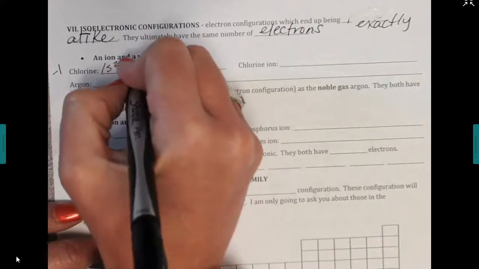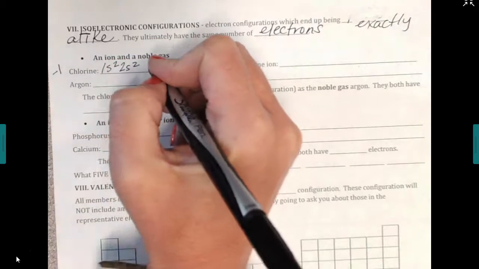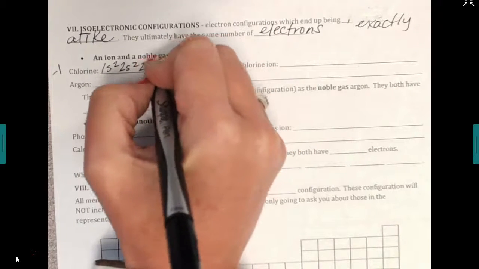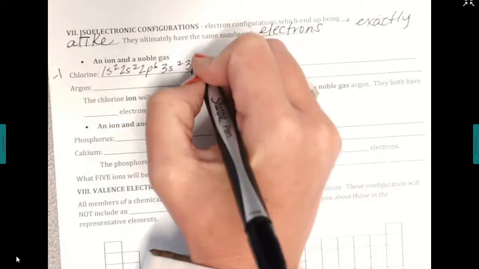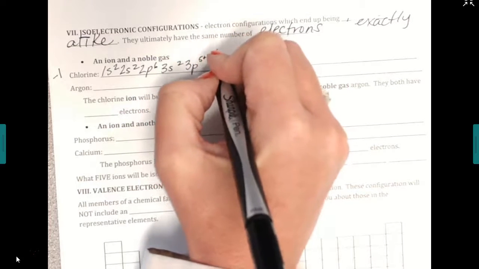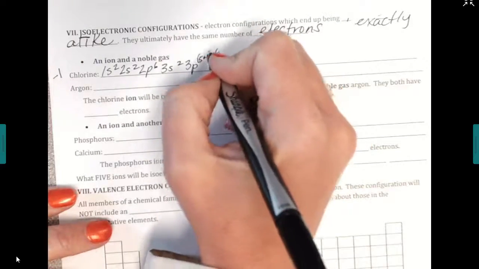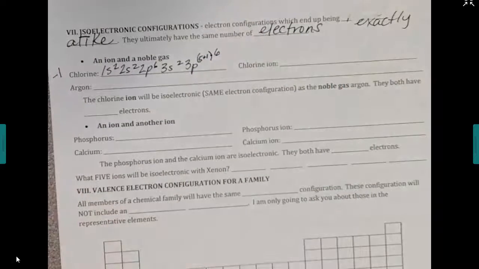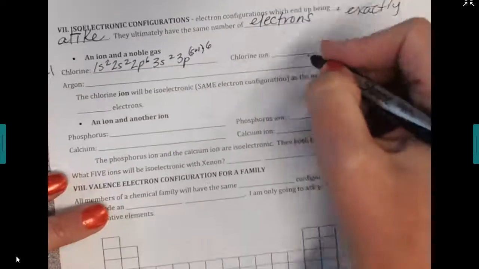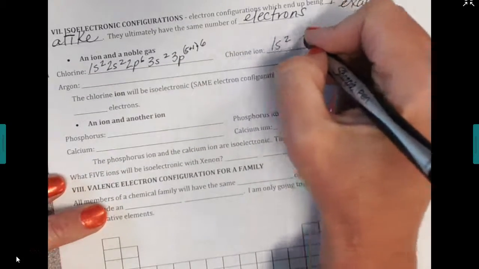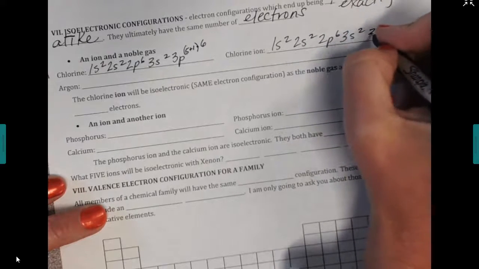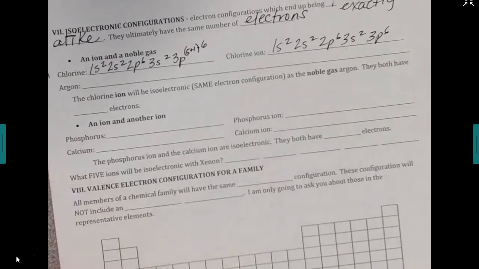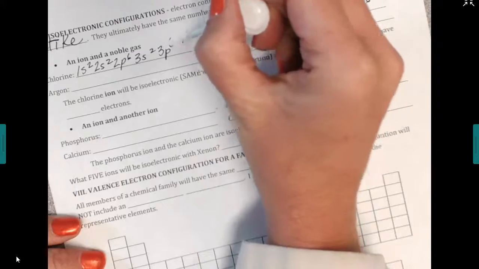1s2, 2s2, 2p6, 3s2, and 3p5 plus 1 equals 6. So it'll be 3p6. Oh, I'm sorry, I wrote a spot here to write that down. 1s2, 2s2, 2p6, 3s2, and then 3p6. So let me go back and fix that, because that should be 3p5.